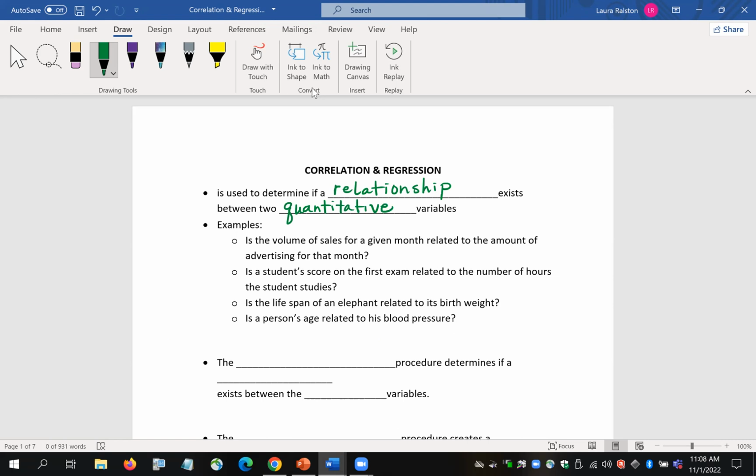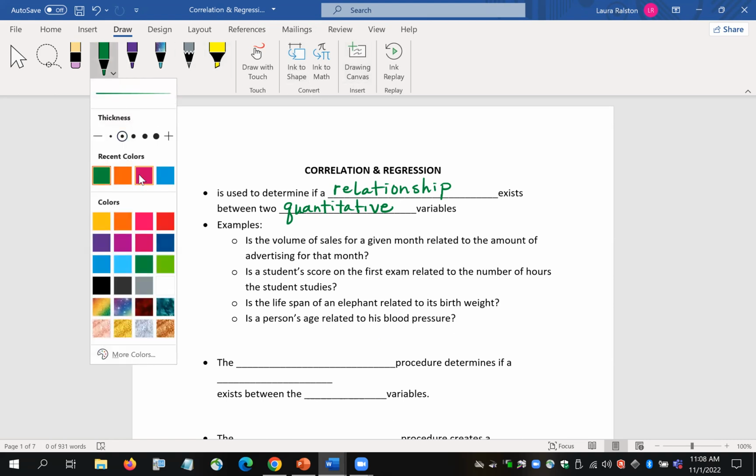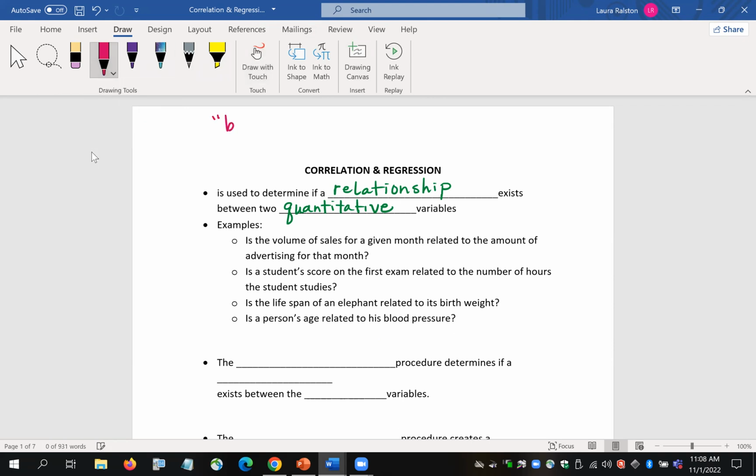The idea of considering two variables at the same time is sometimes referred to as bivariate data. And really, this is the first time in the course that we've considered more than one variable at the same time.